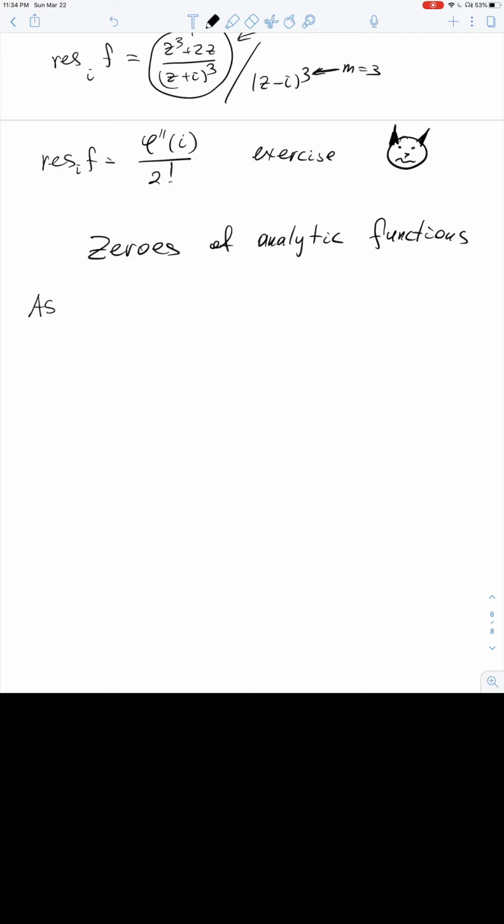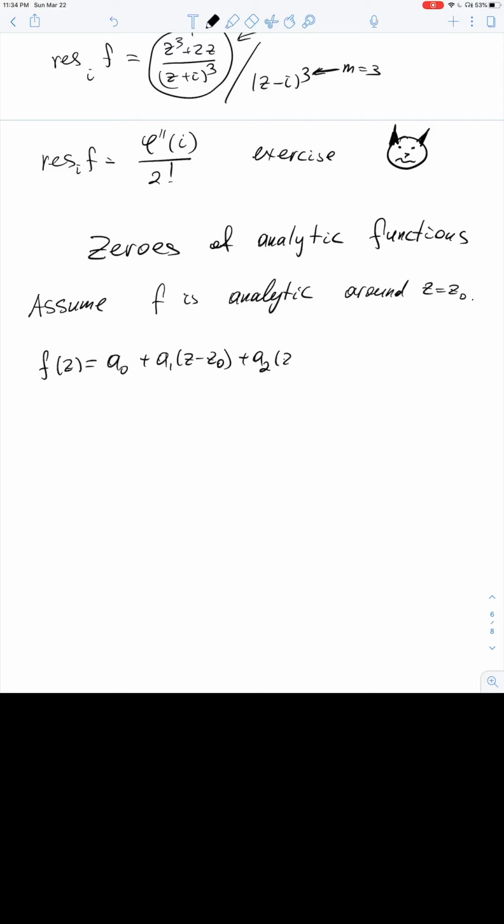So let's now go back to analytic functions and assume f is analytic around z equal to z0. Then f has a Taylor series, a Taylor expansion at z0, so no Laurent. And what does it mean that f has a 0 at z0?